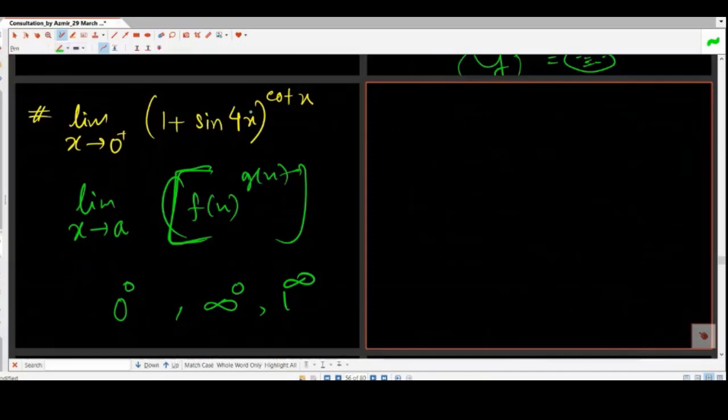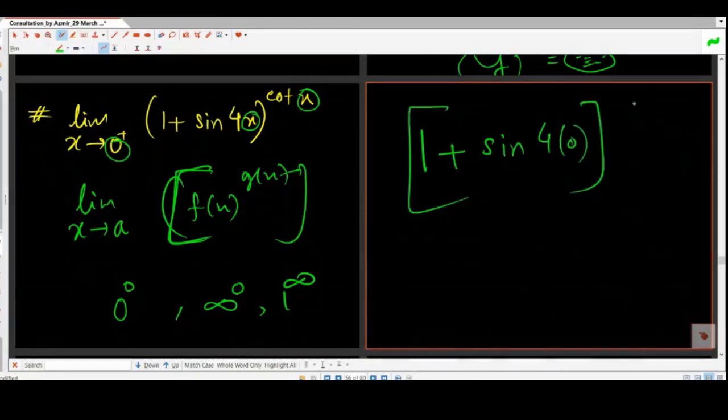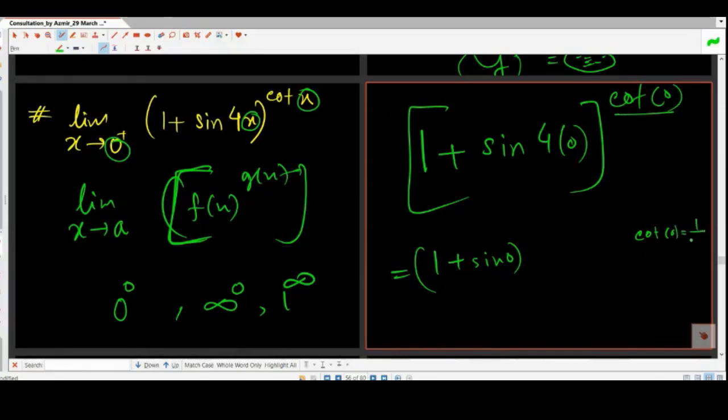At first, look at x, where we are going to plug 0. So let's do the rough. 1 plus sine 4 times 0, cotangent of 0. So 1 plus sine 0, and cotangent of 0. We know that cotangent of 0 is equal to 1 over tangent of 0.